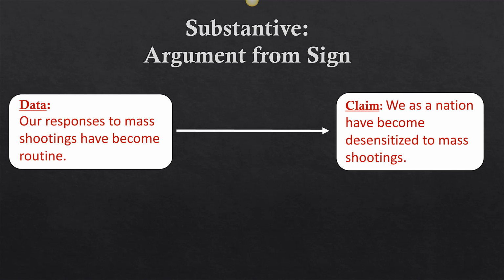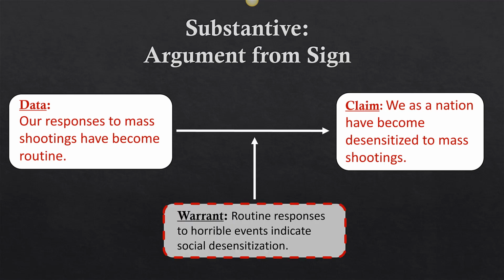And the implicit warrant here is that routine responses to horrible events indicate social desensitization. Essentially, he's arguing that what explains the fact that when this horrifically tragic and awful thing happens, we just plod through and do the same things that we always do whenever this kind of thing happens. Where is the outrage?